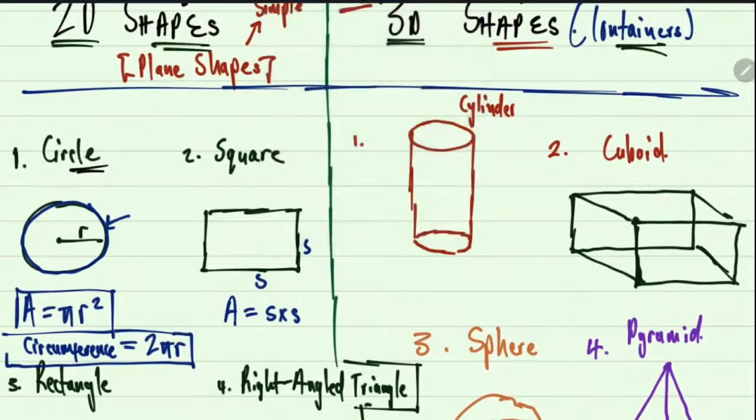When you're at cylinder, you now expect the word volume, and you now expect the word surface area. You want to find the word volume now. How do you find the volume? How do you find the surface area?